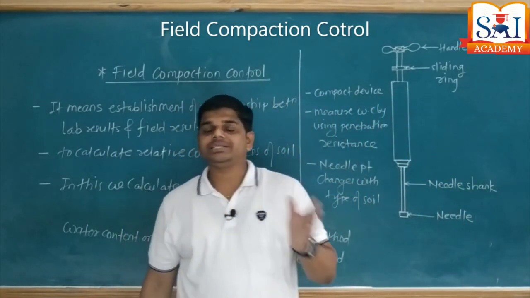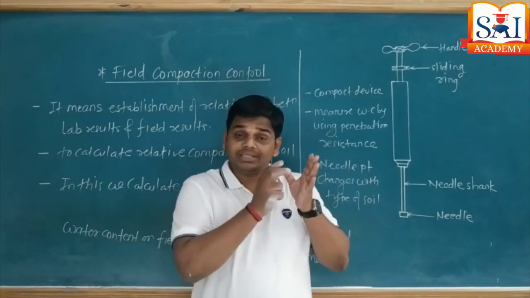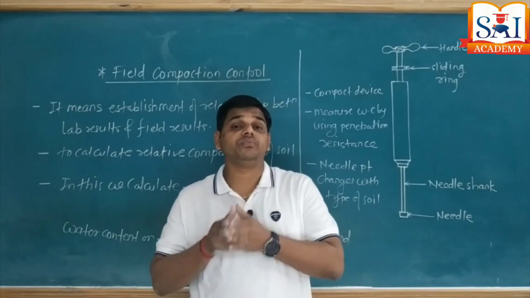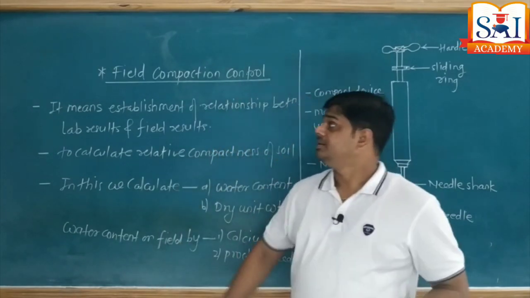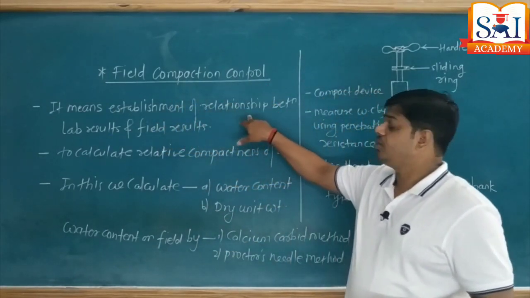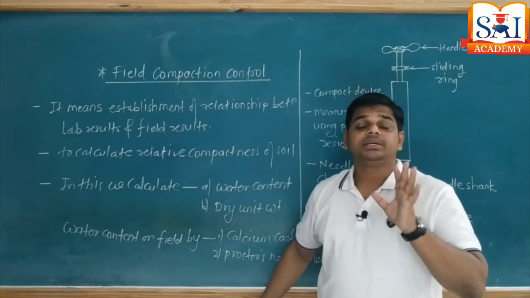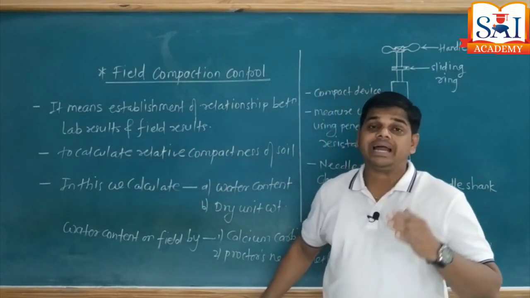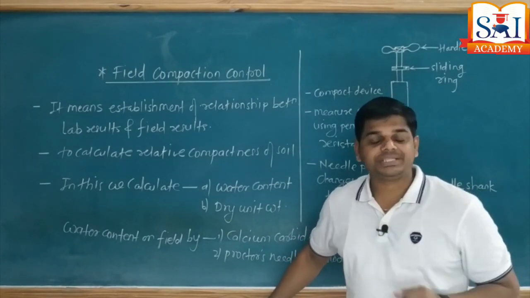Because when a soil sample is tested in the laboratory, we get good results. Whether we get the same results on the field or not, that verification we call field compaction control. It means there is establishment of a relationship between laboratory results and field results. Suppose laboratory results using the standard Proctor test give me a dry unit weight of 2 gram per cc.